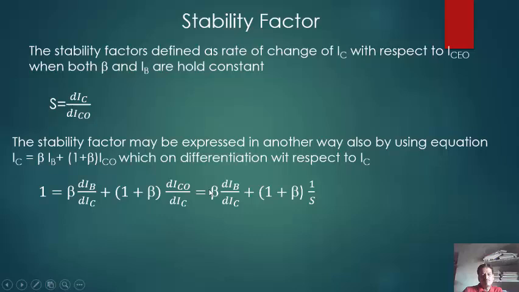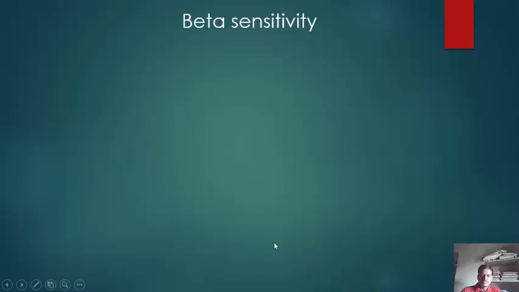That is equal to beta times dIB divided by dIC plus (1 plus beta) into 1 divided by S, because S is the stability factor, equal to dIC divided by dICO. Therefore, S is equal to (1 plus beta) divided by (1 minus beta times dIB divided by dIC). So that is the stability factor.